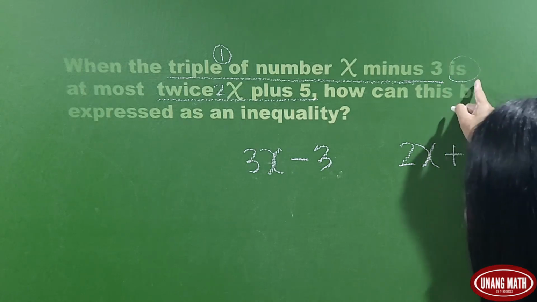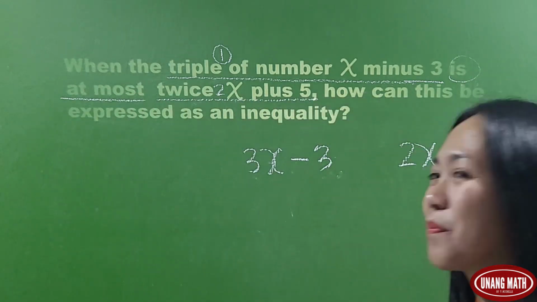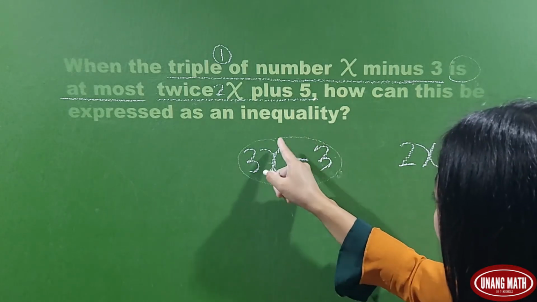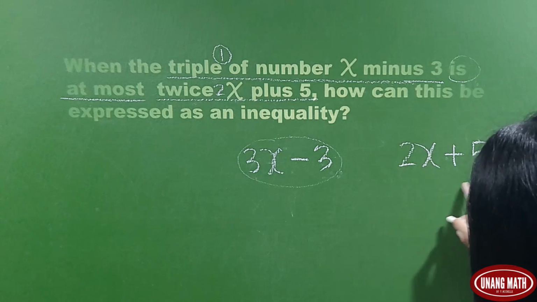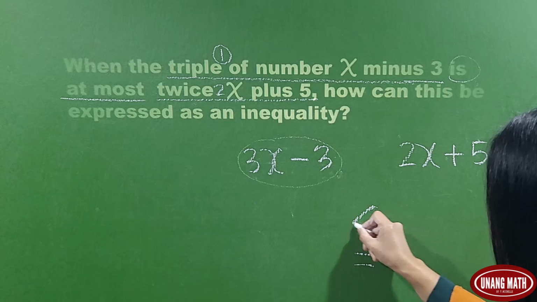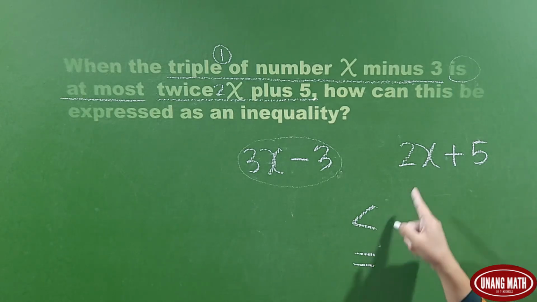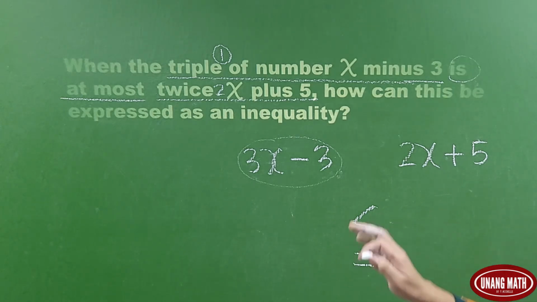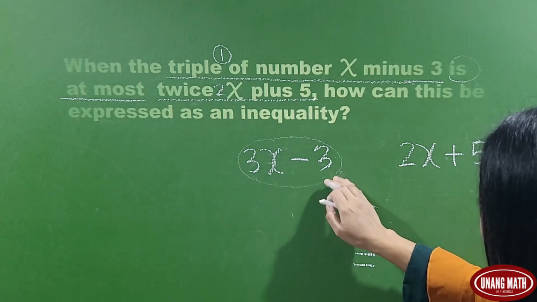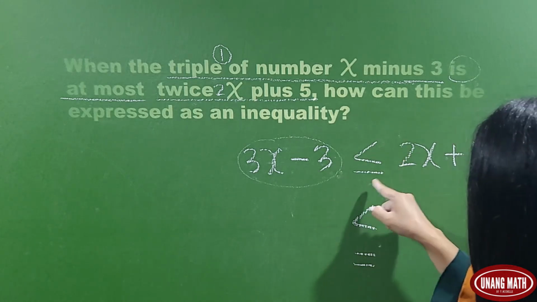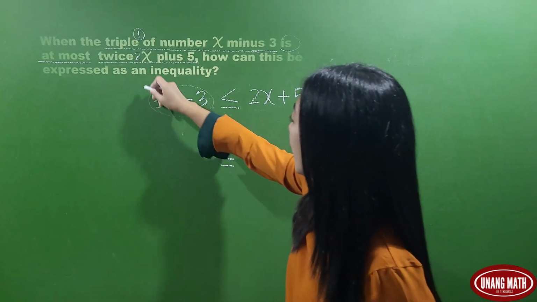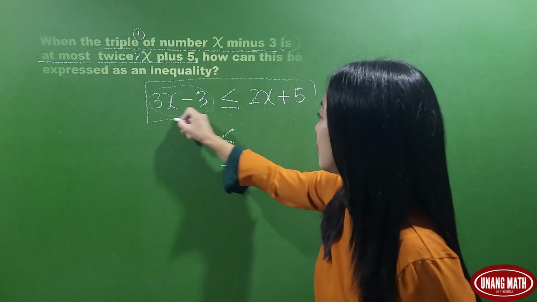The phrase is at most, which means that this expression is less than the other expression and at the same time equal to it. So the correct inequality would be 3x minus 3 is less than or equal to 2x plus 5. So our inequality is this one.